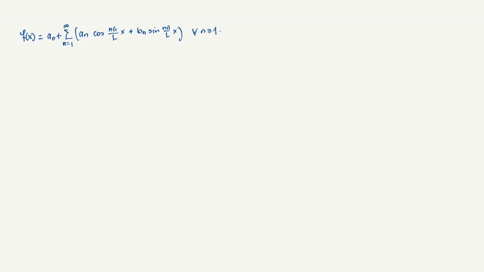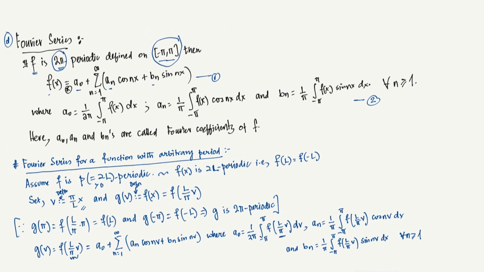Okay, and what are the Fourier coefficients? Where a naught is 1 by 2L, the integral from minus L to L of f of x dx. Let me do this part so that it is not a big issue for you. From here, what is a naught?